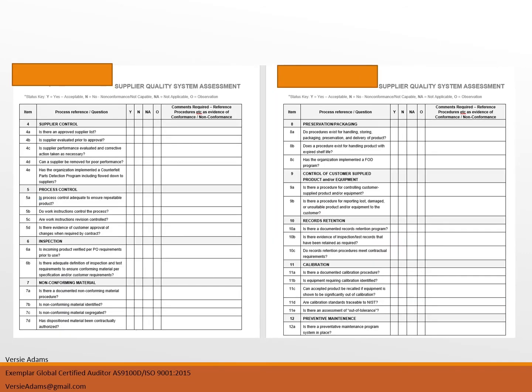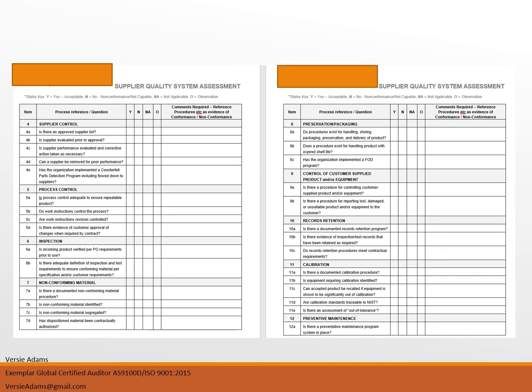Okay, continuing on with the supplier quality system assessment, these 2 pages give you examples of the type of information that you're going to want to collect from your suppliers in order to evaluate them. Here you have Section 4, supplier quality control: process control, inspection, non-conforming material, preservation and packaging, control of customer supply products and/or equipment, records retention, calibration, and then a section for preventive maintenance.